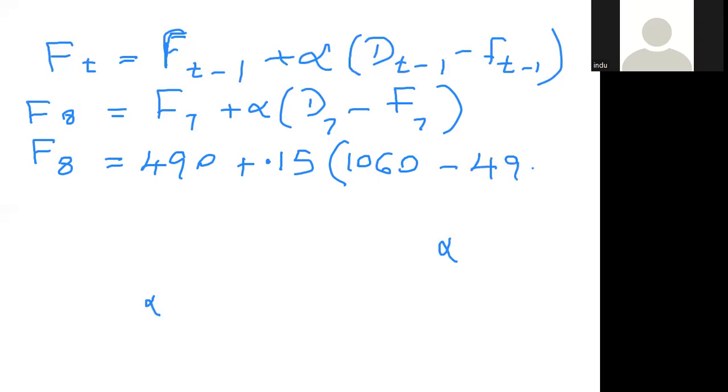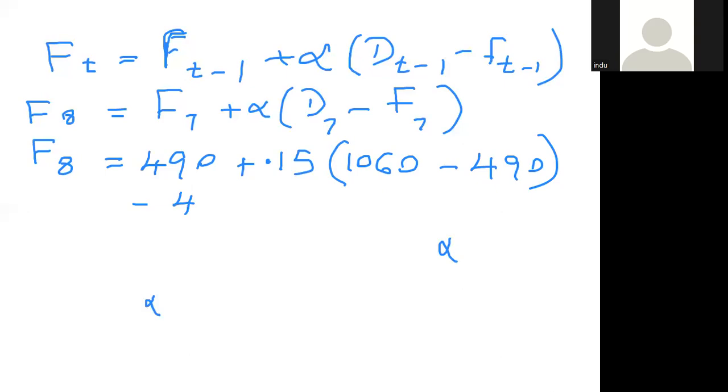It is a very simple, very easy simplification. You can do it. That means you just have to subtract 409 from the 1060 and then multiply it by 0.15 and add this value to the 409.